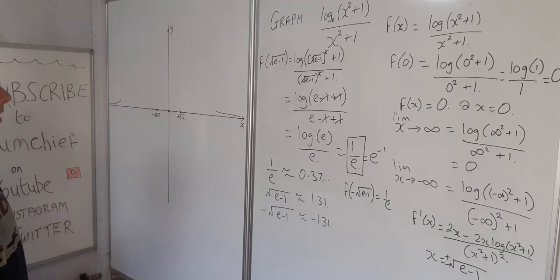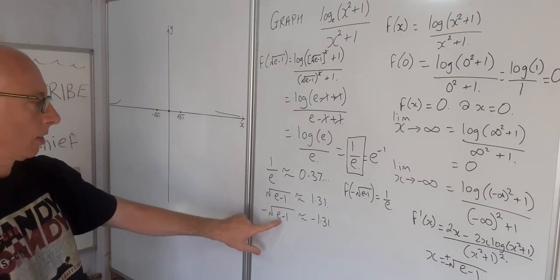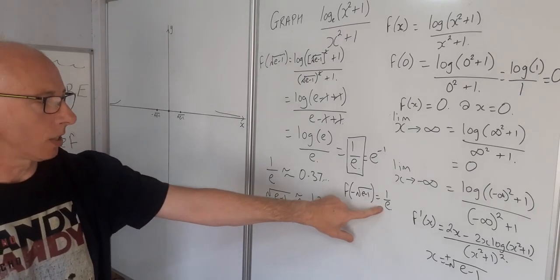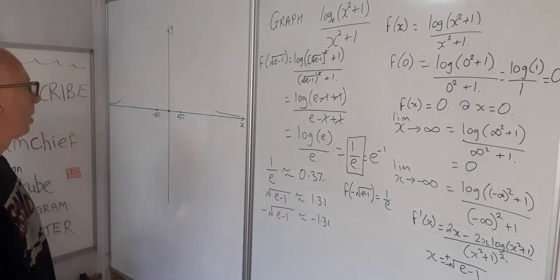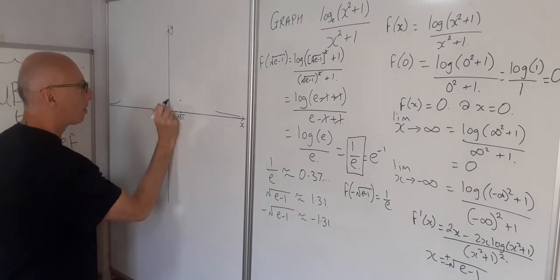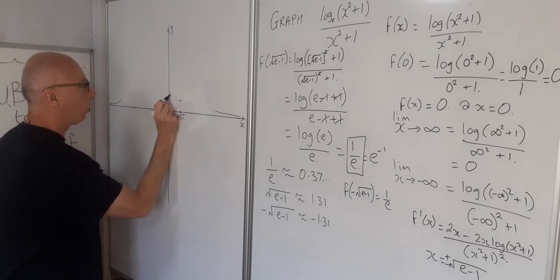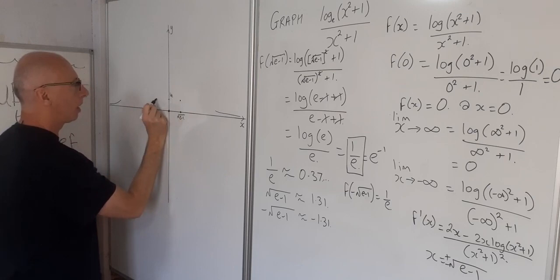Now the value at the square root of e minus 1 is 1 over e, so that's 0.37. So it's not too high, it's going to be somewhere here. So I'm going to write that 1 over e. And the same on this side.